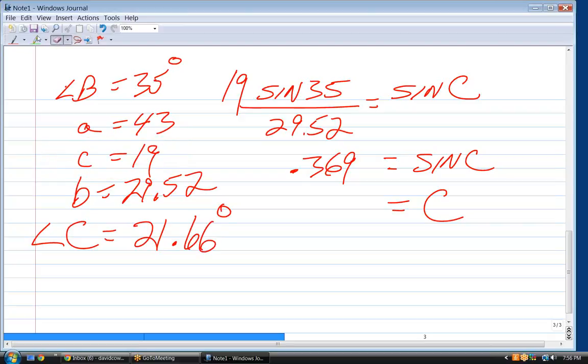And what's angle A equal to? Minus 21... 123.34.